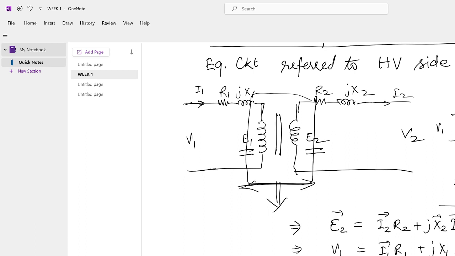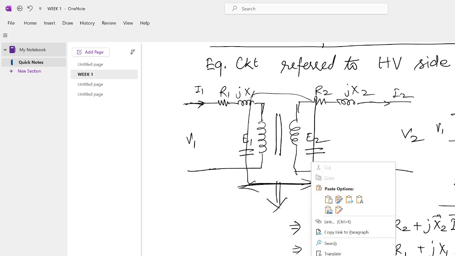Yes, sir. So V1 will become I1 R1 plus jX1 I1 plus A E2. Right. Absolutely. So let me create a space.